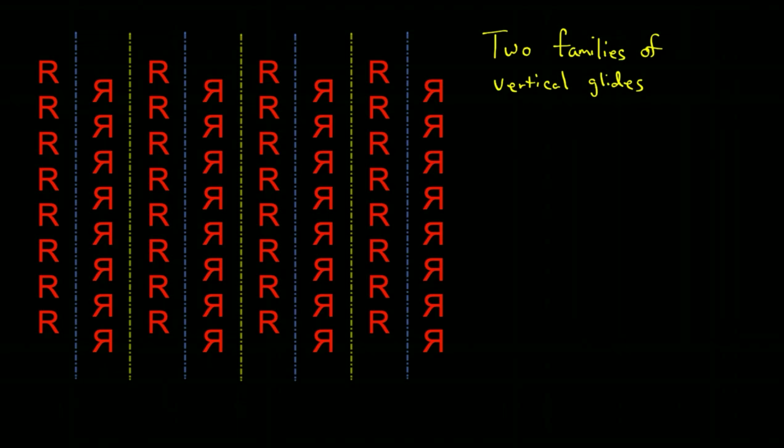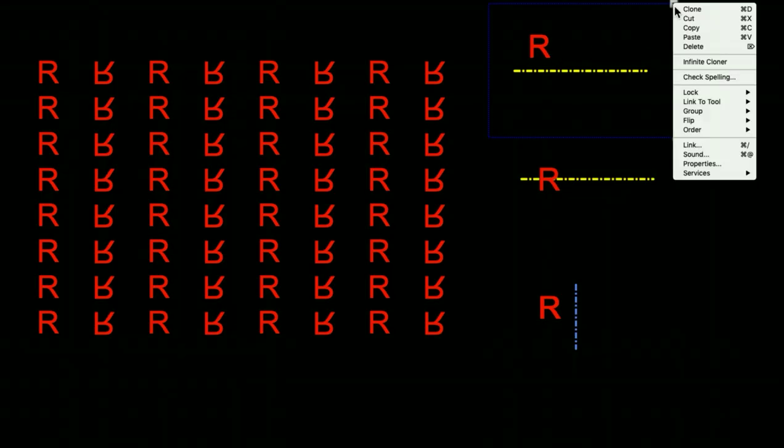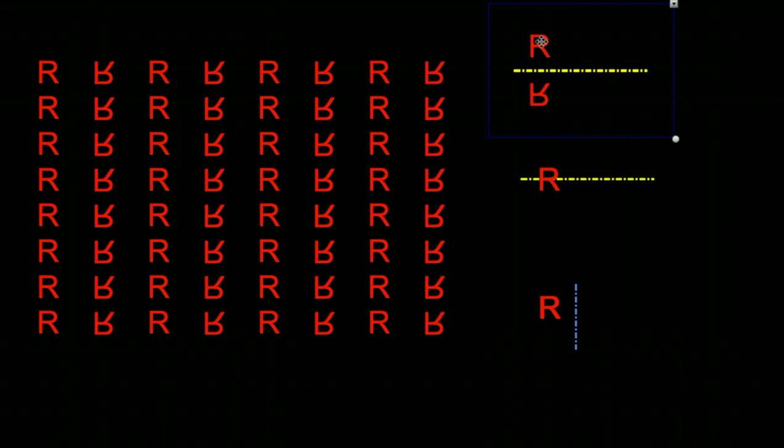We can also have horizontal glides. This pattern, of course, has horizontal glides. Let me remind you that the horizontal glides, if I'm gliding over a line that is not through the middle of the R, the glide is going to look like this. And we pull it.